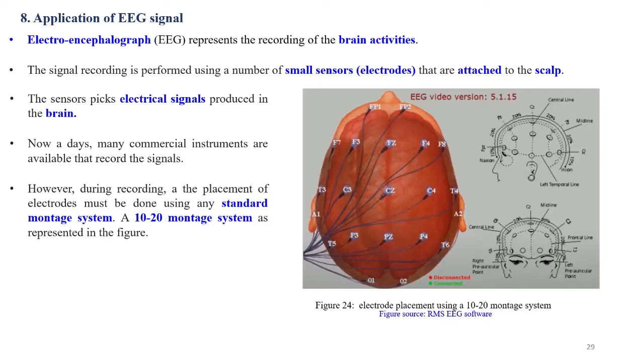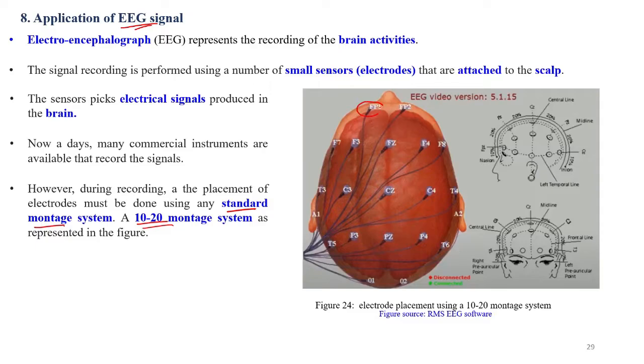So now coming to the EEG application, electroencephalogram. There is a standard montage system which is regarded as the 10-20 montage system. Over here we record the EEG signal by placing the electrodes at these marked positions.